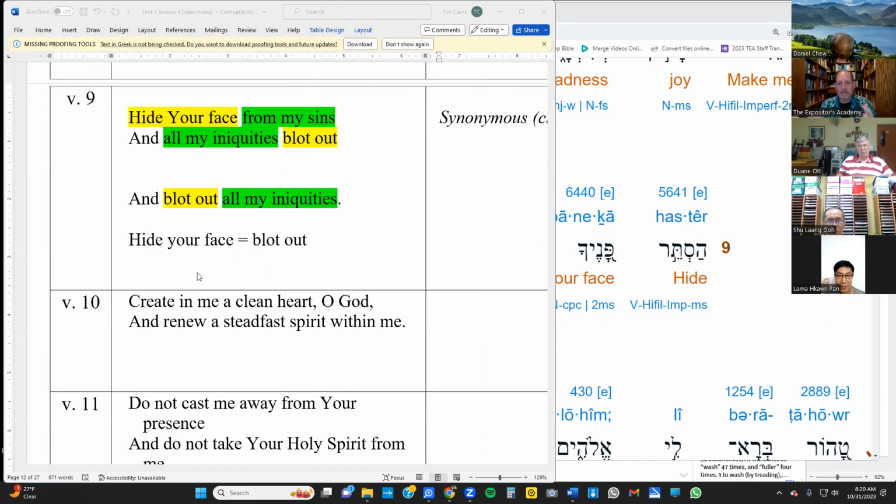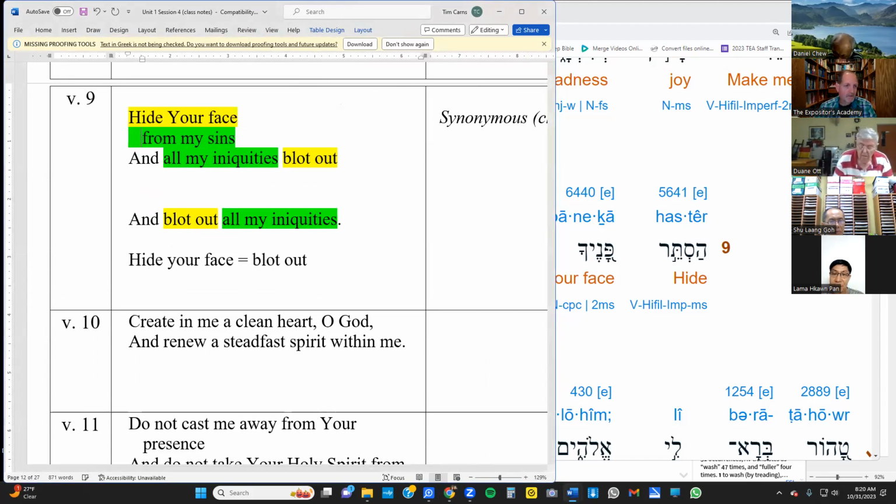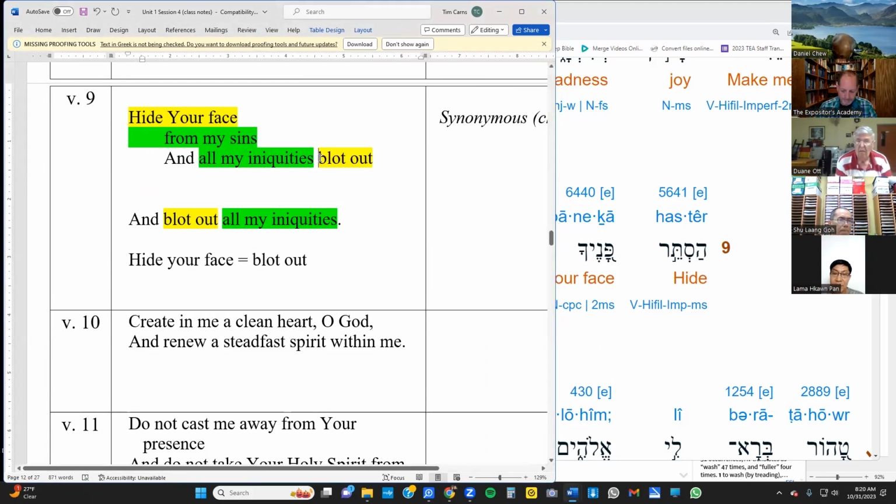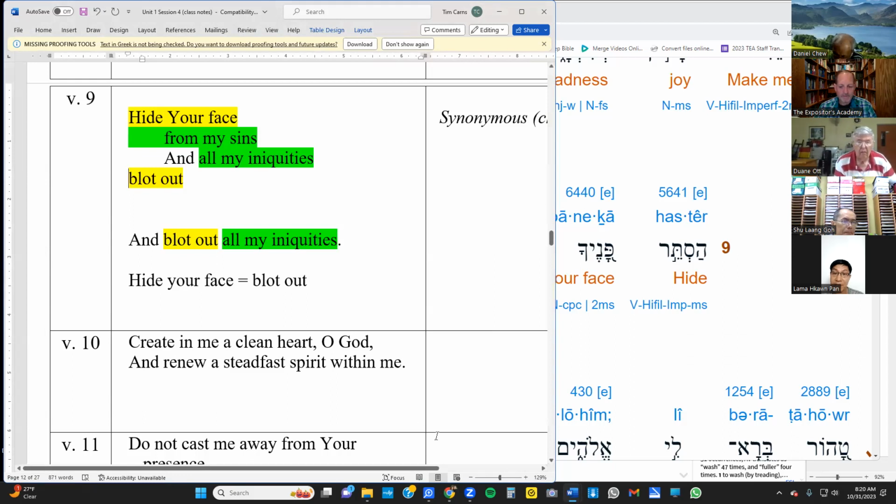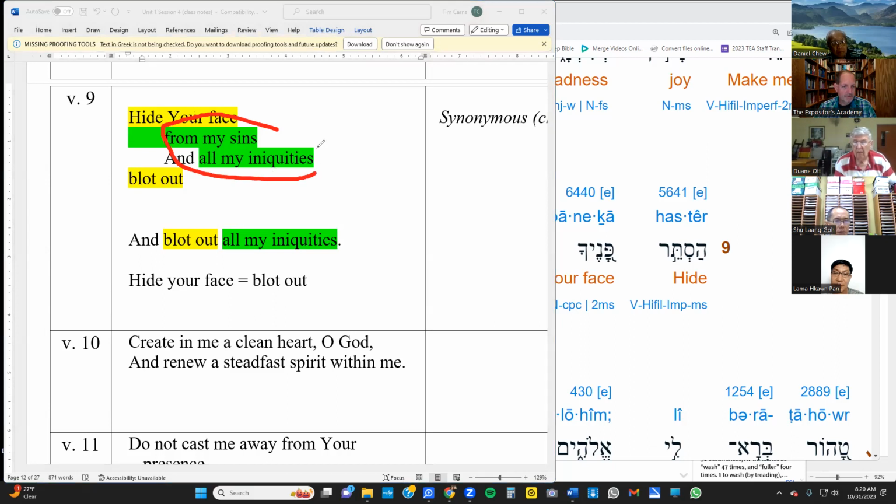He's really focused on his sin, isn't he? Yes. So we could put this, if we wanted to, show this a little more visually, right? And again, the attention is drawn to the center of the chiasm here, particularly my sins, my iniquities.